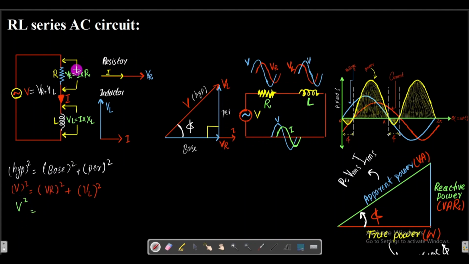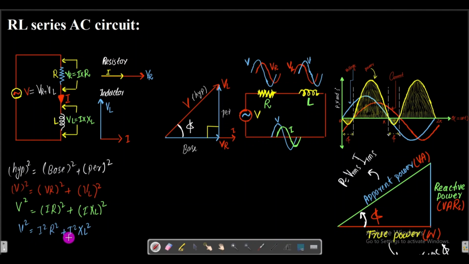V of R is equal to IR, so we put that value, (IR) squared, plus V of L is equal to I times XL, squared. Here V squared is equal to I squared R squared plus I squared XL squared.